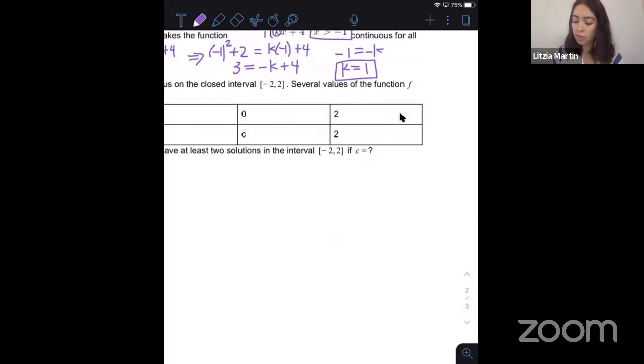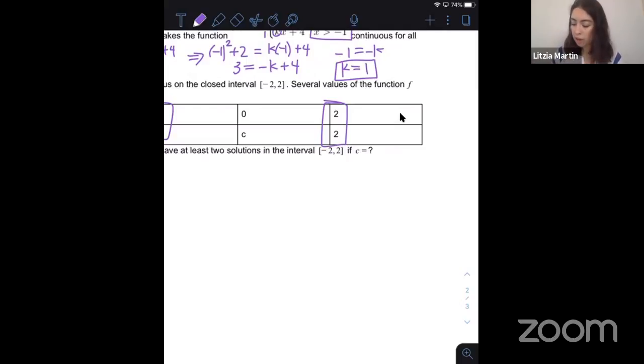We have this function here, f, but they've only given us a few values of f. So we have the 2 points here, -2, 3 and 2, 2. And it is asking us the equation f of x equal to 1 must have at least 2 solutions in the interval from -2 to 2 if c has what value.